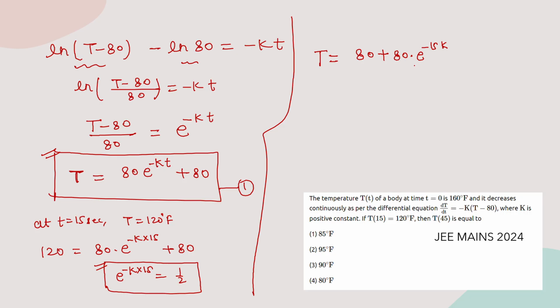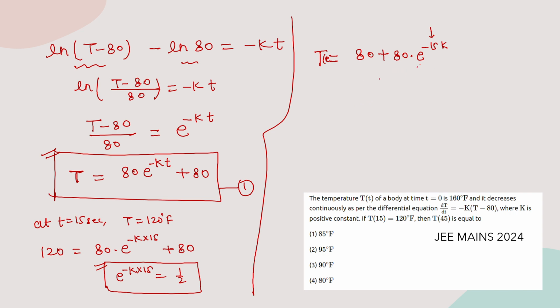No, just see carefully. What I have done: instead of e to the power minus kt, I am putting the t value as 15. So it means you are getting it here as T of, you can say, e to the power minus k, a function like that.